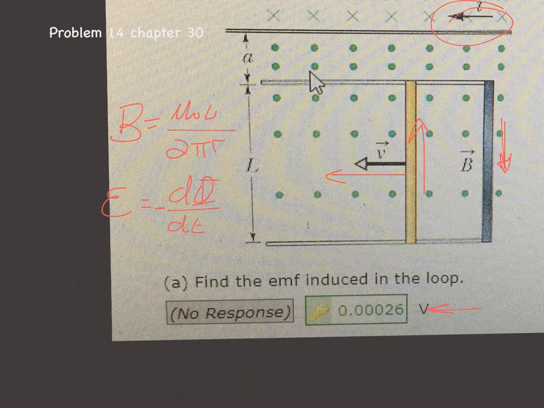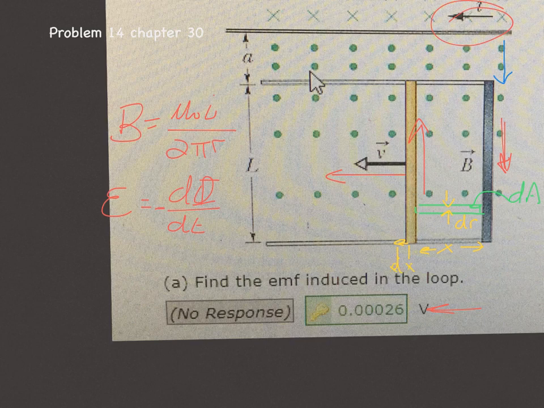Now, what we have to think about here is as we move farther away from this wire, we are going to have sections of that area, so that's going to be a dA, and it's going to have a thickness of dr, and it'll have a length of x, and as this bar moves, we'll get dx.